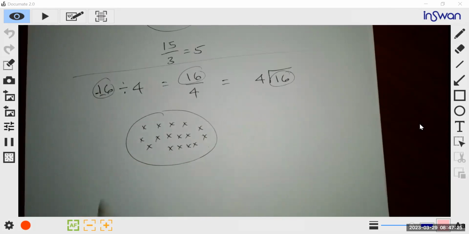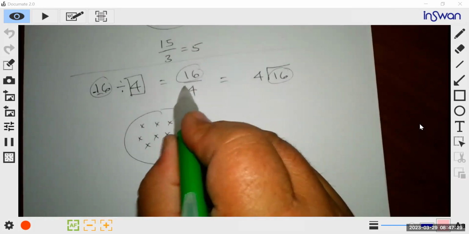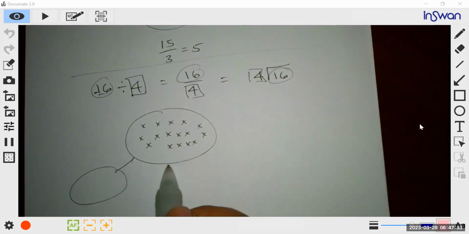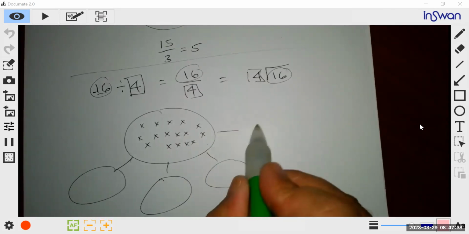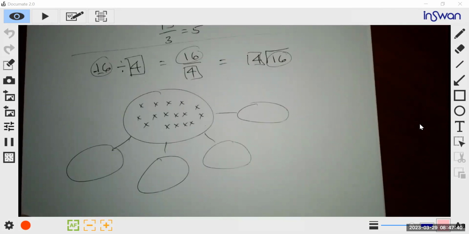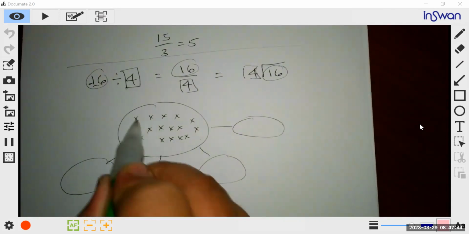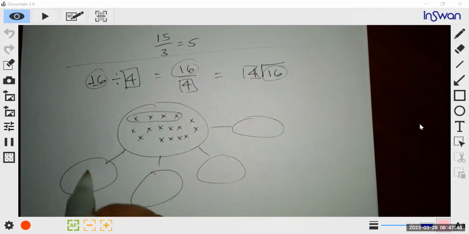I have 16 elements. This tells us the number of groups. 1, 2, 3, 4. So there are 4 groups. I need these 4, 1 in each.